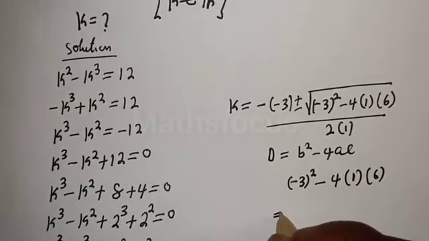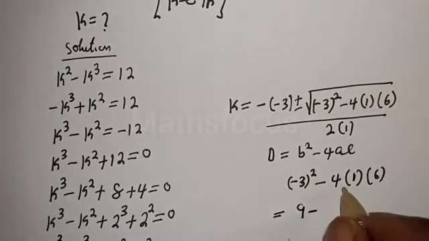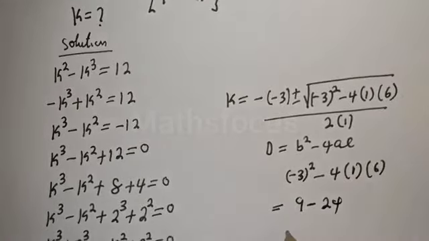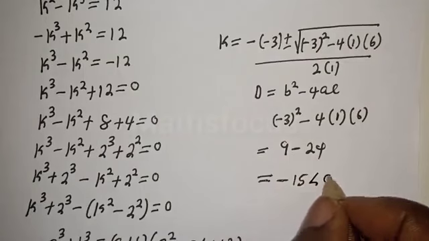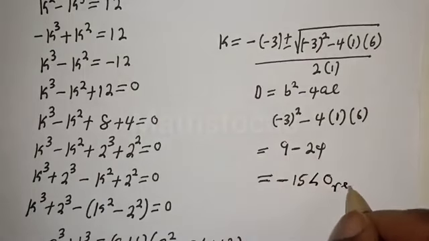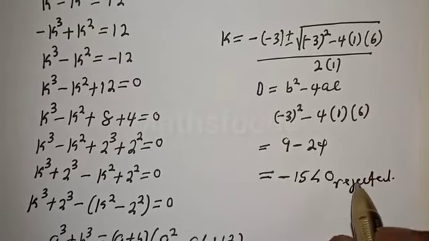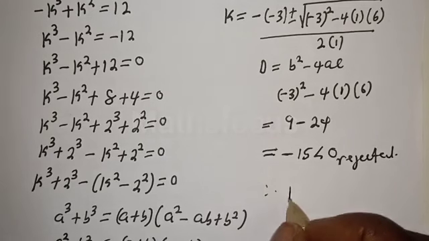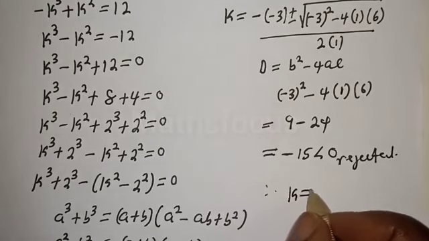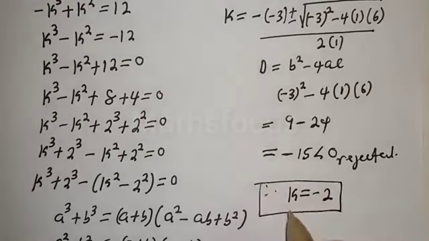Then this is equal to minus 3 squared, 9, minus 4 times 1 times 6, 24, equal to minus 15, and this is less than 0, so this is rejected because no real solution here. Therefore, the only real solution we have is k equal to minus 2. This is the final answer.